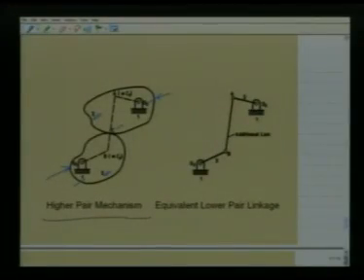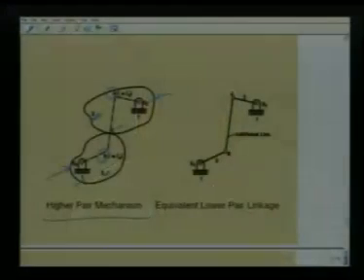Towards this end, let us consider that the center of curvature of body 3 at the point C is at B. Similarly, the center of curvature of body 2 at this contact point C is at A. Due to the property of center of curvature, that is the circle of curvature or osculating circle, we can consider that for three infinitesimally separated time instants, these points A and B do not change.